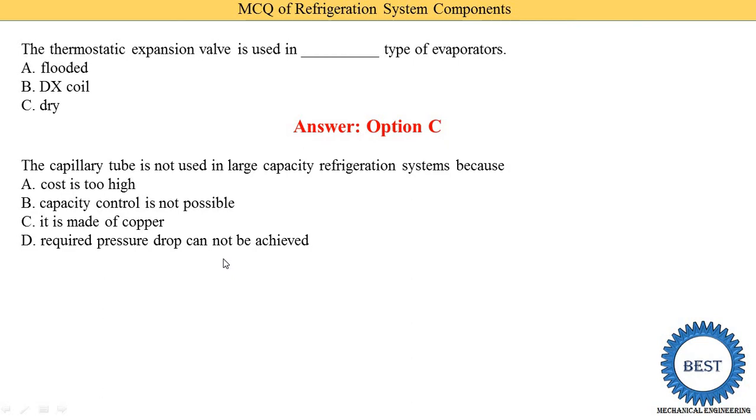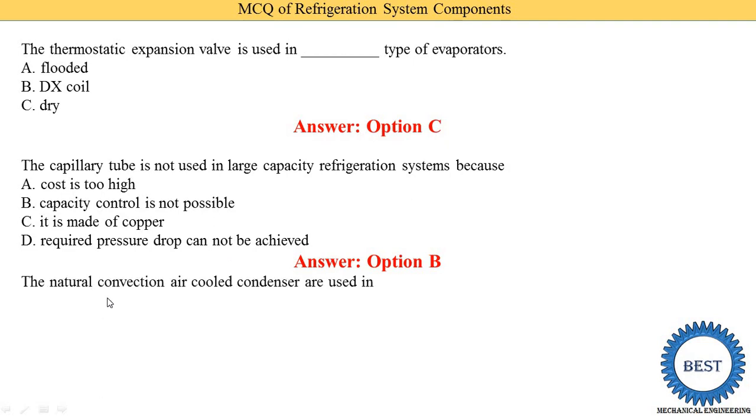If it is made from copper, there is no problem. And if the required pressure drop cannot be achieved, that is also not the problem. But capillary tubes are not able to control the amount of refrigerant supplied to the evaporator, meaning capacity control is not possible if we use the capillary tube in our system. If we need to control the capacity of the evaporator or system, we need to install an expansion device instead of the capillary tube.